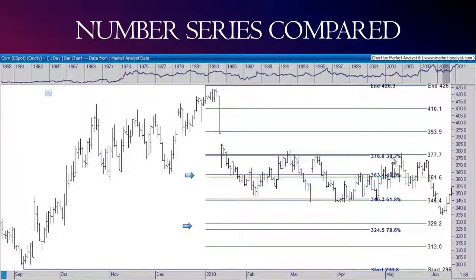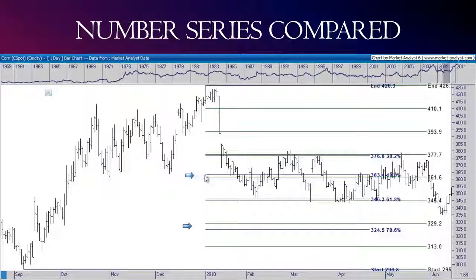Here's 38.2%. You see how close that lands to the Gann level. Here's 48.6. It lands very close to the 50% line. 61.8 is very close to the 5/8 line. And 78.6 is over here, right beside the 3/4.